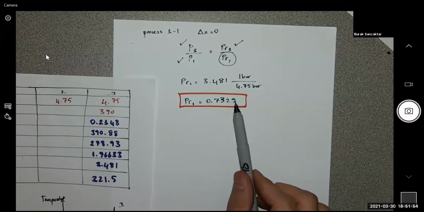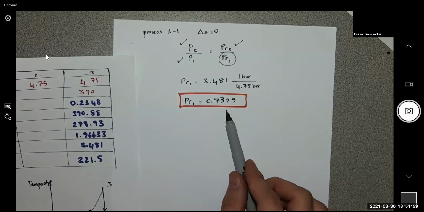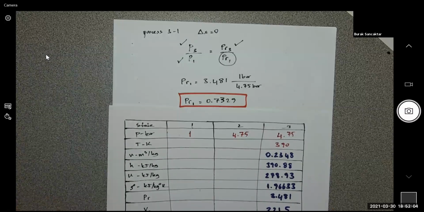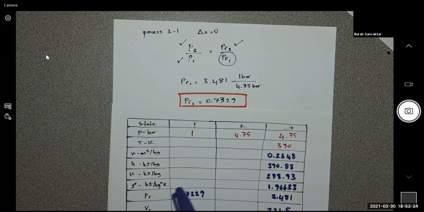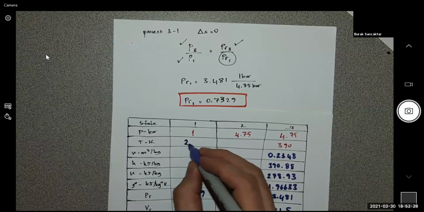So I know one more property at state 1 now, which is relative pressure. If I go back and substitute this into my table, 0.7329, and if you go to an air table, an ideal gas table, the PR value should be at temperature 250 Kelvin, right?